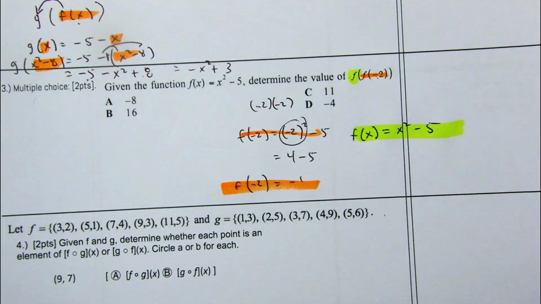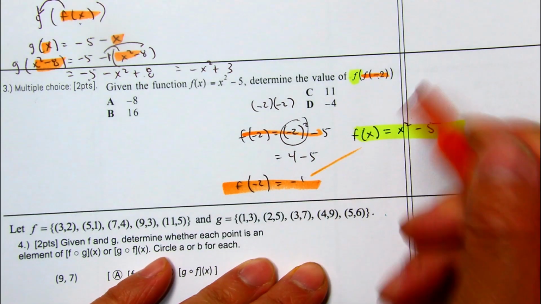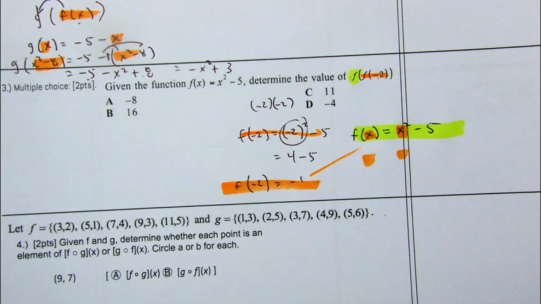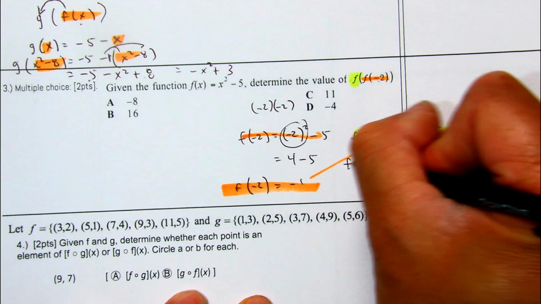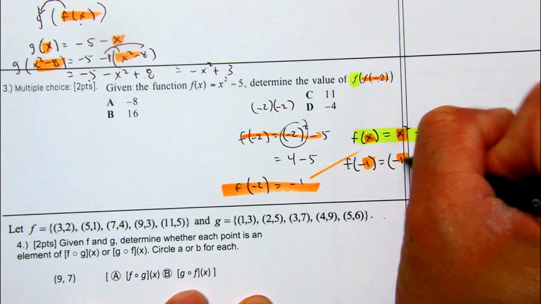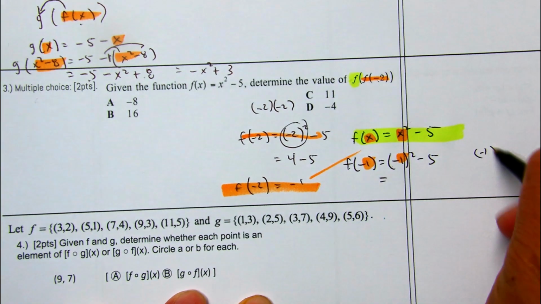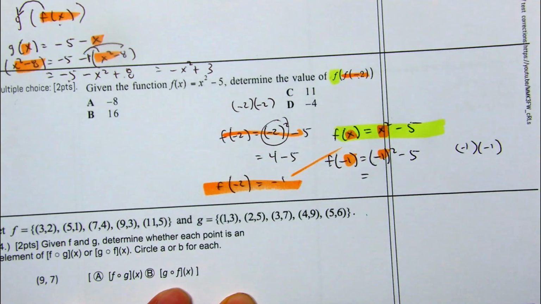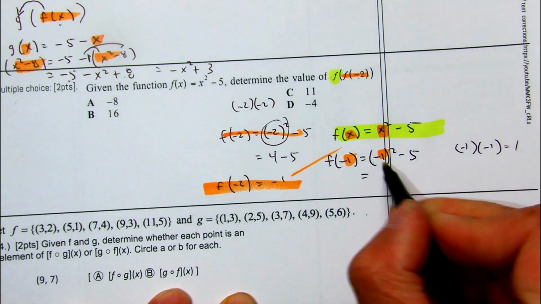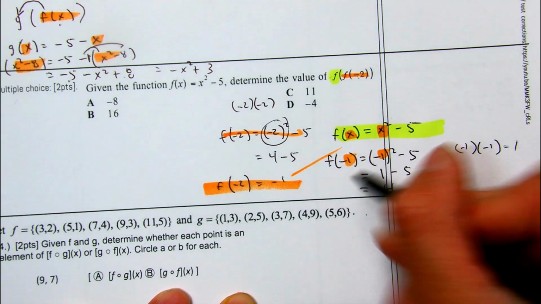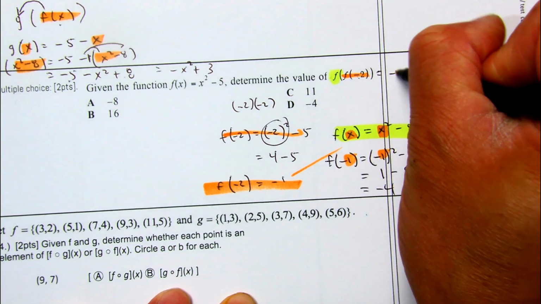And every x value, we're going to put in our negative 1. So the negative 1 times negative 1 is positive 1. So this becomes positive 1, and then 1 minus 5 is negative 4. So the answer is negative 4.